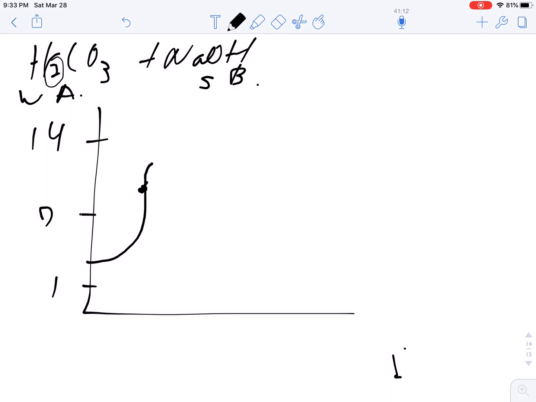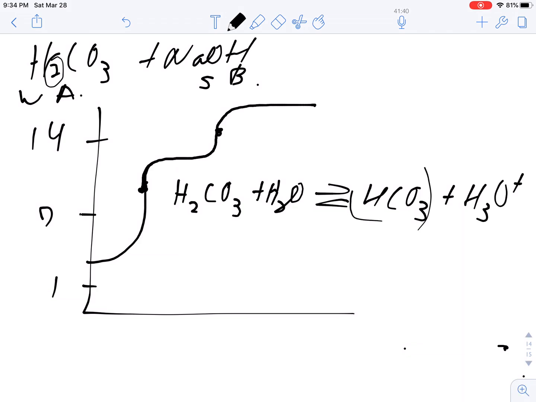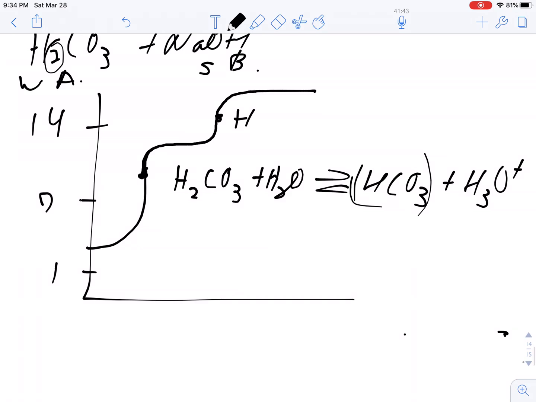But because there are 2 protons, you go through the curve twice. There'll be a second inflection point. The first equivalence point is for the first hydrogen coming off. The second equivalence point is for the second hydrogen coming off.